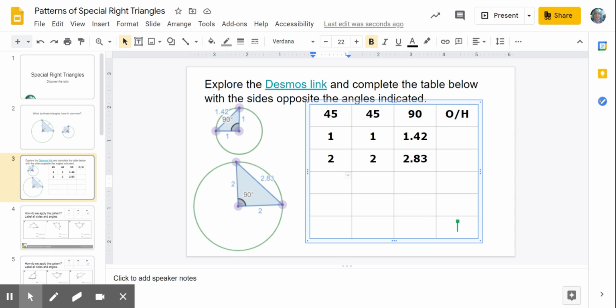So what were some of the numbers that you guys wrote down? Four, 4, and 5.66. And what was another set of numbers? We did a 3.01. Did anybody write down that one? 4.24. Anybody write down one more?